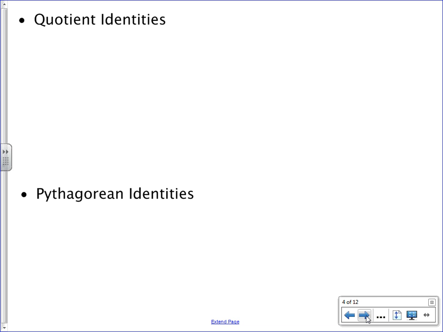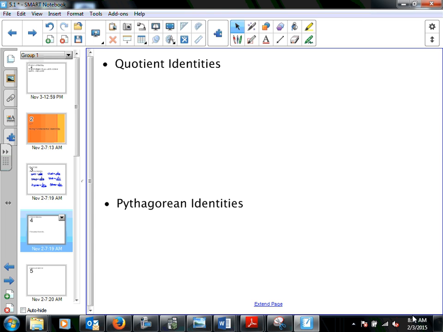Okay. The next set of identities I want to go with are the quotient identities. Quotient means what? Division. We have a couple functions where we use division to get their value. So I'm going to reference our unit circle here.